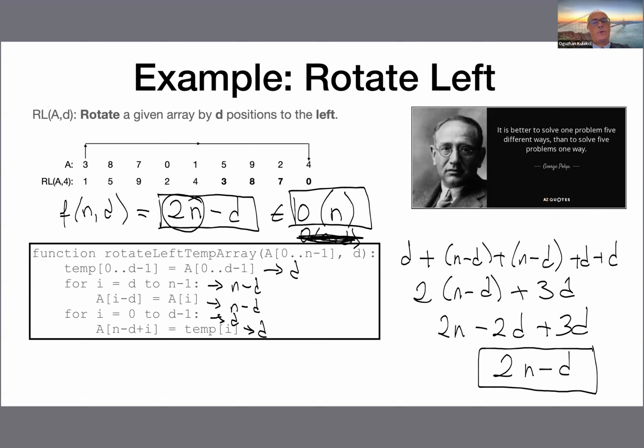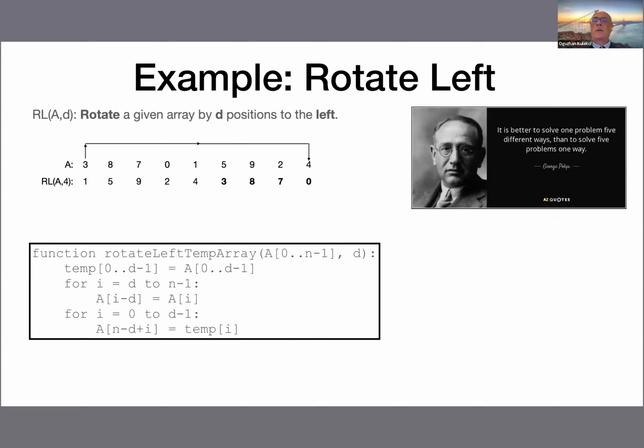Both worst case and best case, it will always be linear time. So that is an improvement. Previously, it was O(n) times t, and you make it O(n) with this algorithm. So that is for time complexity.